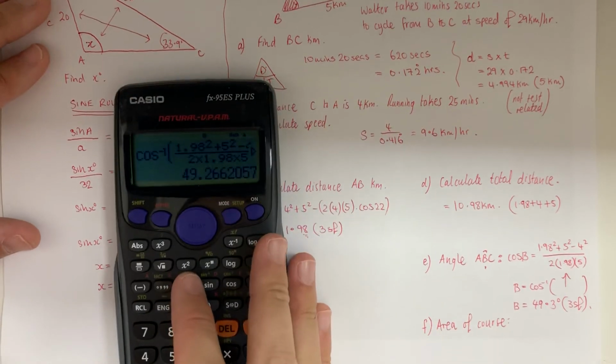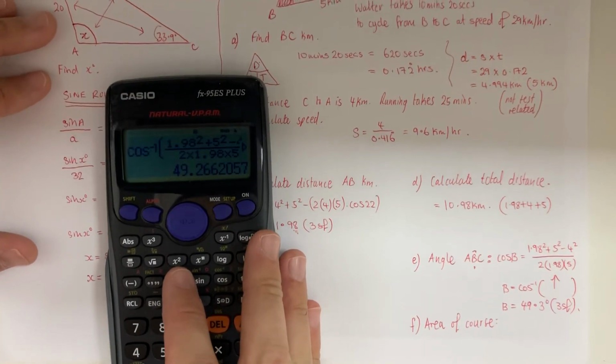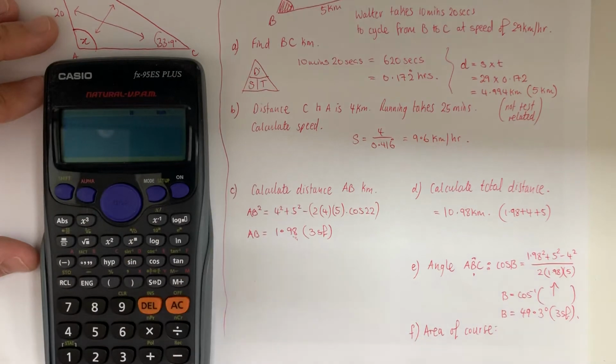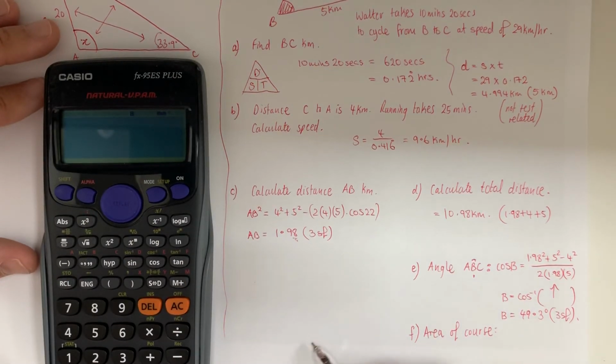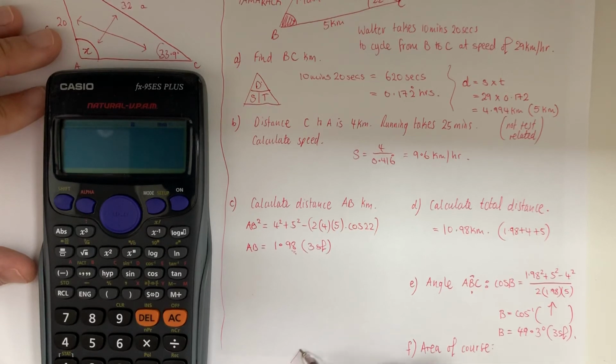Okay, now it asks me, last question, what's the area? So I'm just going to draw the triangle quickly at the side so you got all the information. Quick sketch.